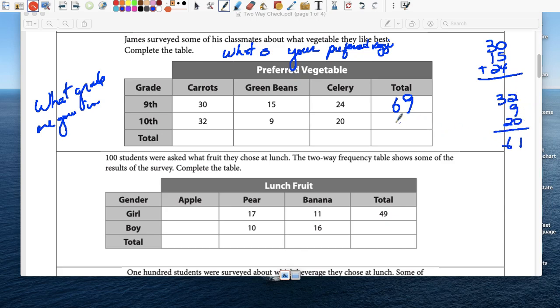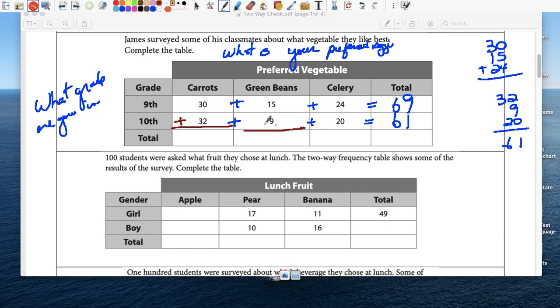So this 69 represents a total, if we're looking at it this way, right? So we're adding it this way. And likewise here, 32 plus 9 plus 20 equals 61. And then the other way we can add is going down. I'm going to change colors for that one.